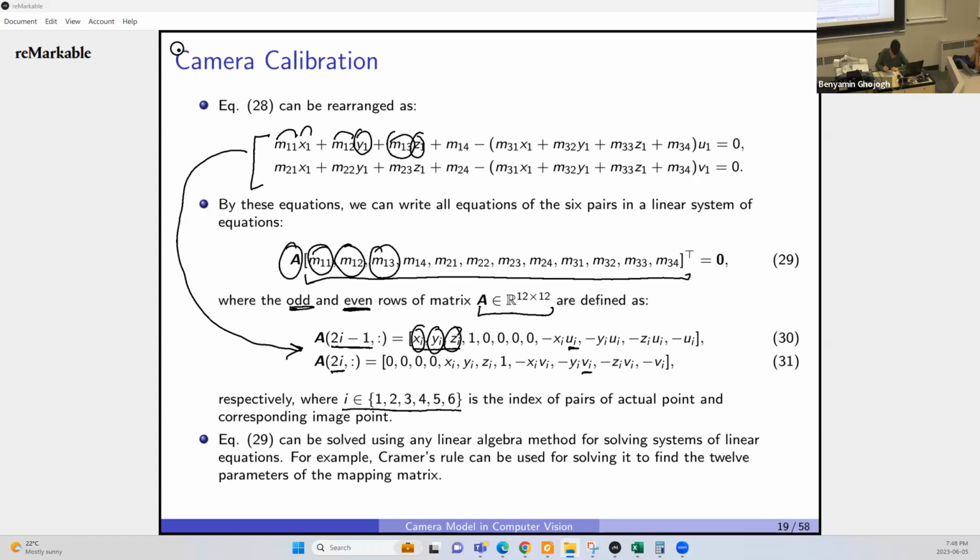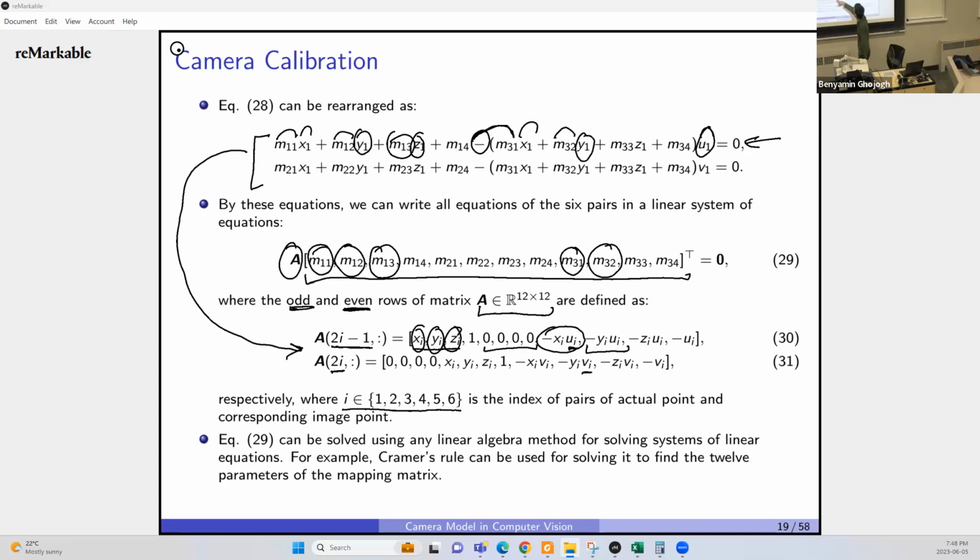In this equation, I don't have any M2-something, so these are zeros for them. Also I have minus X1, u1 as the coefficient for M31. I have minus Y1, u1 for M32. M32 is this. I have minus Zi, ui, etc.